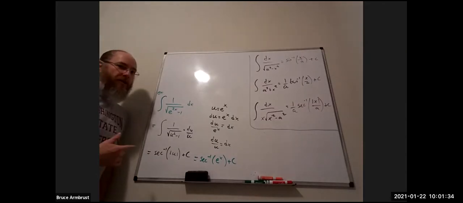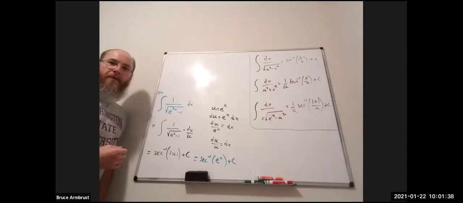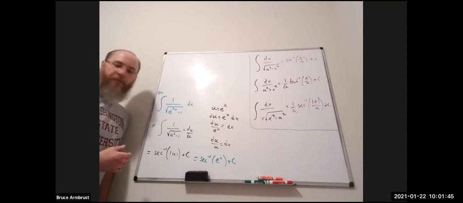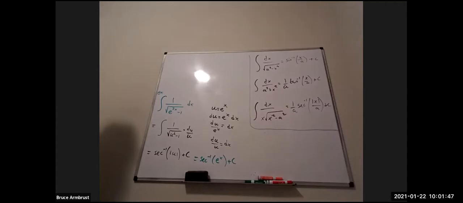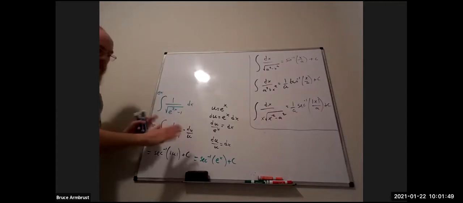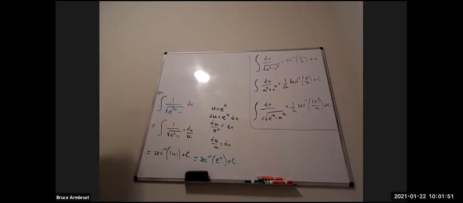All right, so what's on this one? No, we're good. All right, so sometimes the u substitution is necessary to get us into a form where we're good to go.